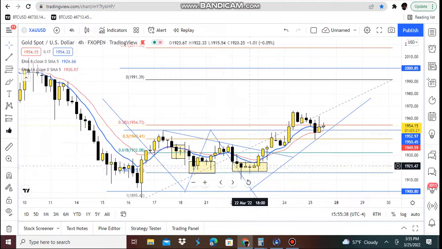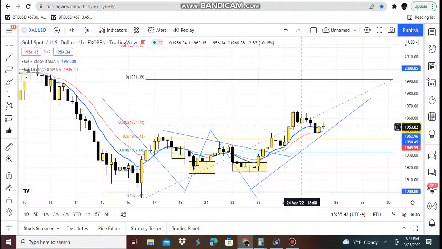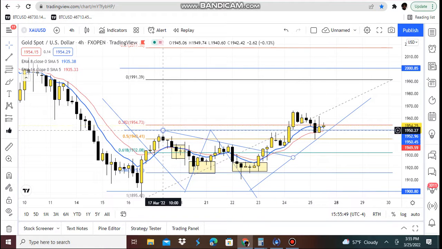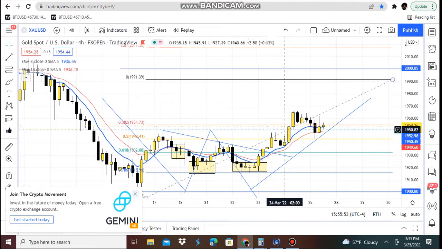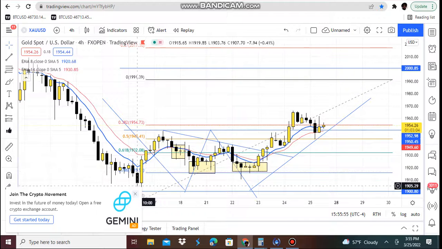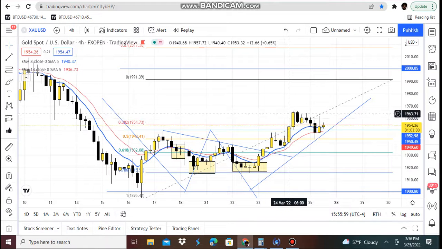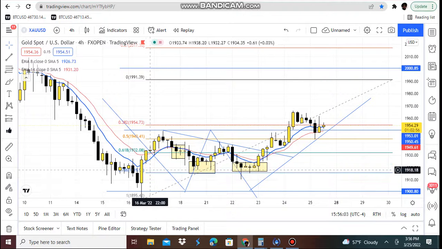It did take about 4 or 5 days to get back up here from March 17th, all the way back up to this 50 level, 1950. Sometimes it'll just take a day, from March 16th to March 17th, 2022.